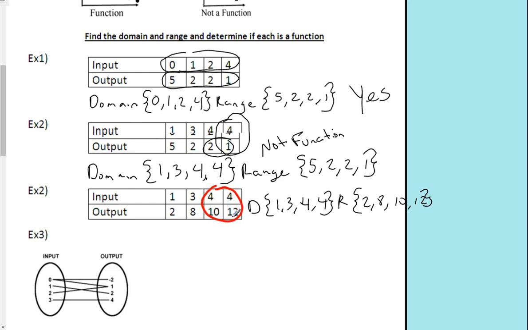All right? If I was to graph those points, just do a quick little sketch of this, okay?